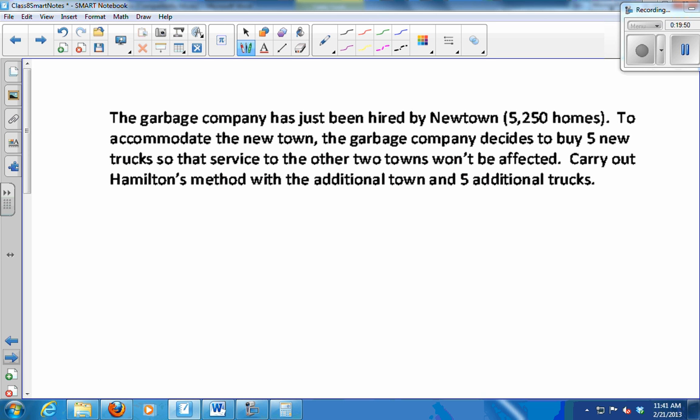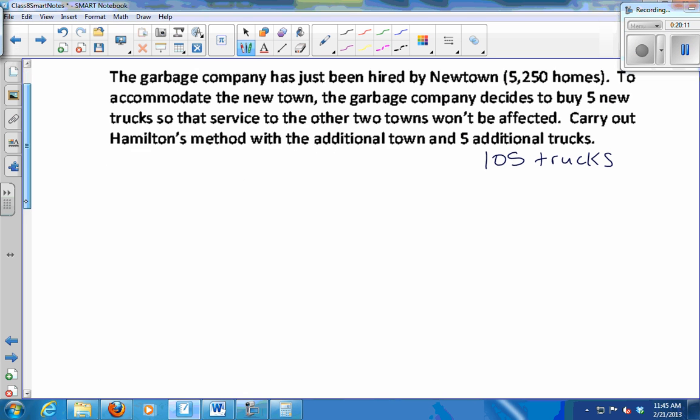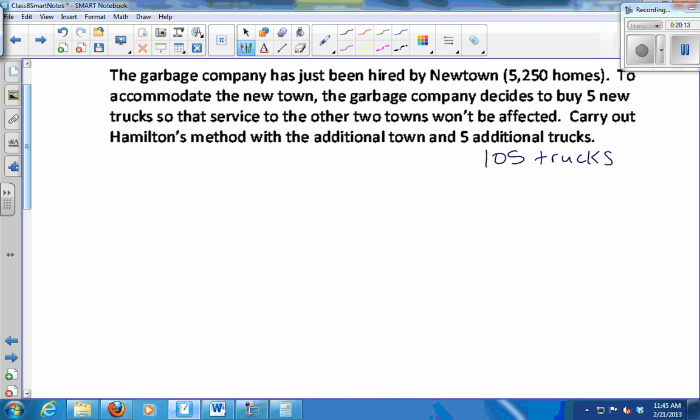So carry out Hamilton's method again, now with the 3 towns, and you're now apportioning 105 trucks. Okay. So do it again and see what happens. Okay. Do apportionment.